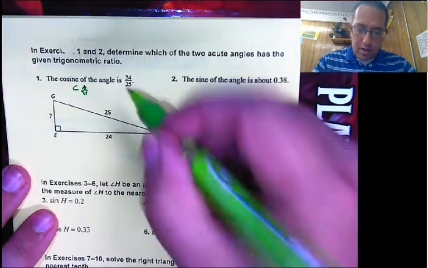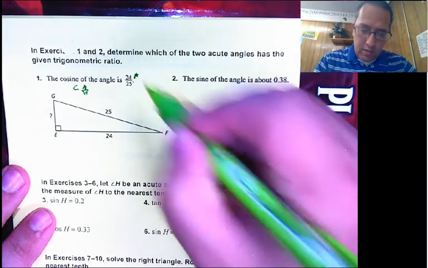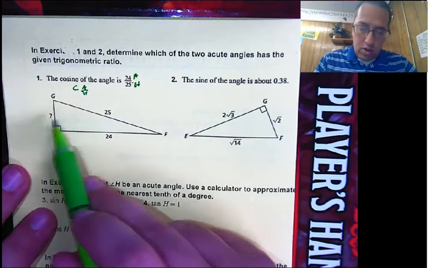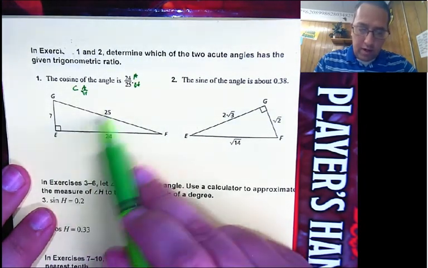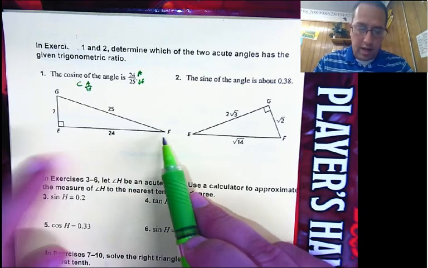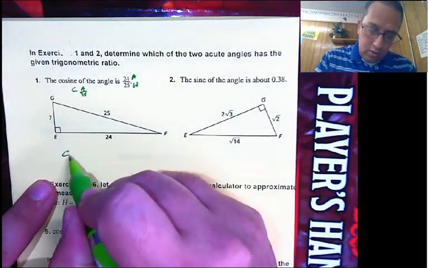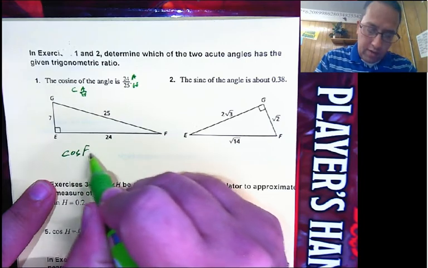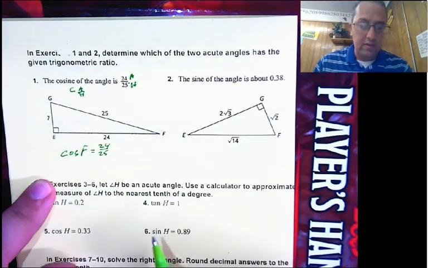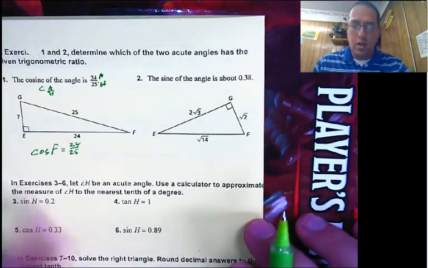So that means 24 must be adjacent and 25 must be hypotenuse. So there's 25 hypotenuse, and 24 is adjacent to F. So the cosine of angle F is 24/25.